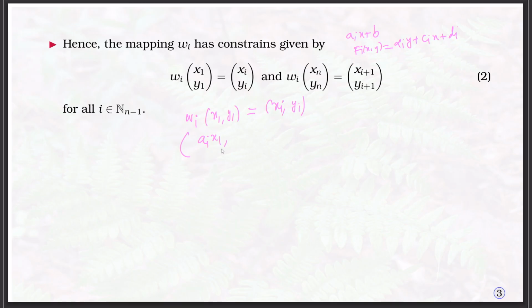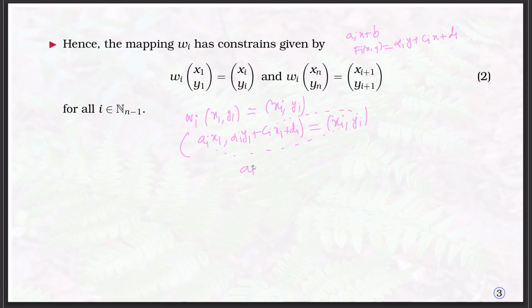So, one can get alpha i y1 plus ci x1 plus di, which is equal to xi comma yi. So this coordinate will equal this coordinate, and the second coordinate will equal the second coordinate.